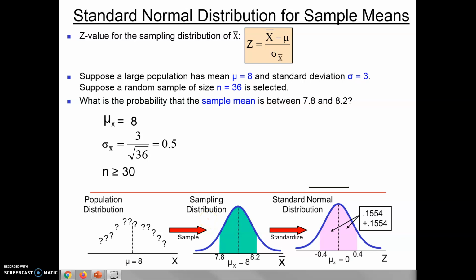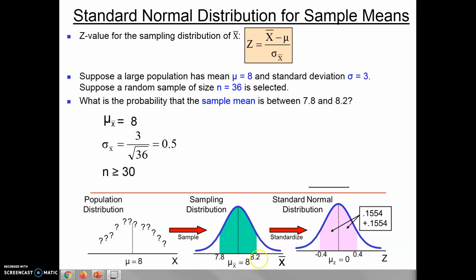The sampling distribution will have a mean equal to the population distribution. And what we want is to find the probability of getting a sample mean between 7.8 and 8.2. So we identify 7.8 here and 8.2 here, and then we can shade in the area to say this is the area we want to find in terms of probability.